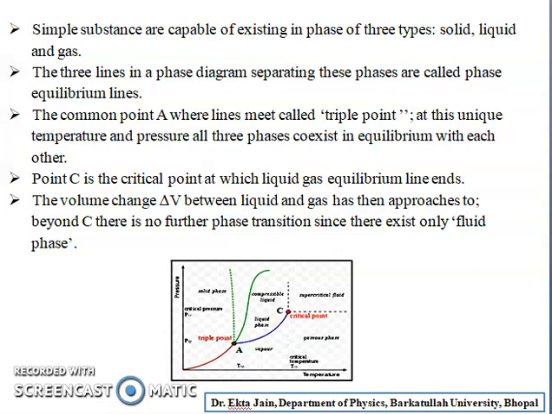Here in the figure, we can see that the three lines in a phase diagram separating these phases are called equilibrium lines. And here we also can see a common point A where the lines meet, called the triple point. At this unique temperature and pressure, all three phases coexist in equilibrium with each other. Point C is the critical point at which the liquid-gas equilibrium line ends.